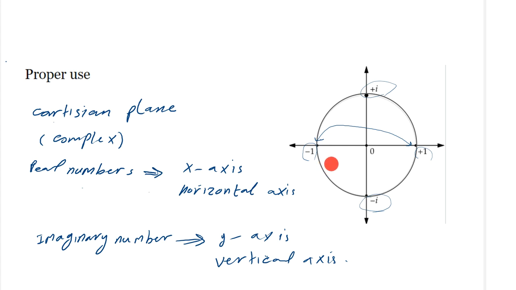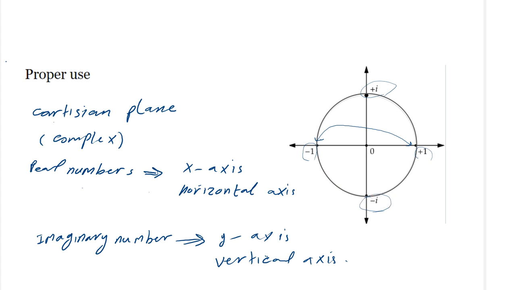Trying to apply the calculation rules that are for real numbers to imaginary numbers will produce false results for sure, because the rules of calculation for real numbers are not applicable to imaginary numbers.